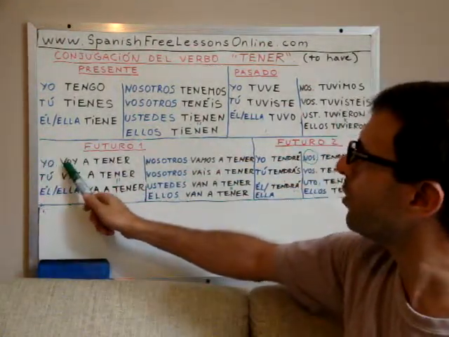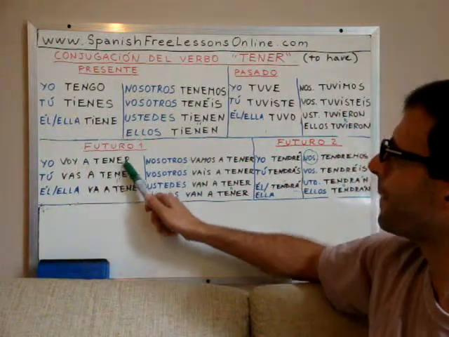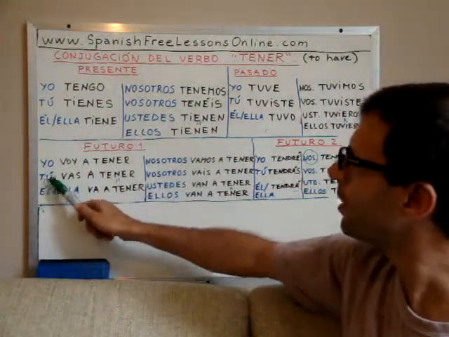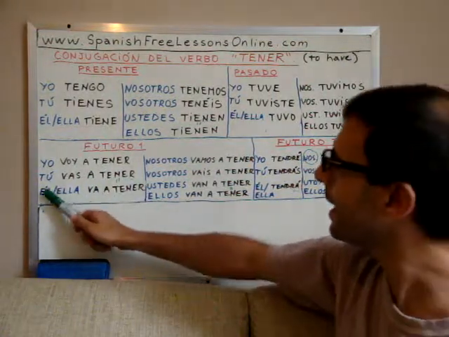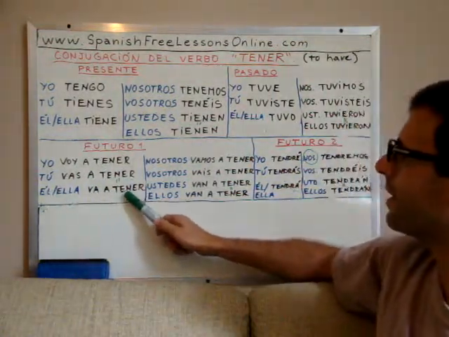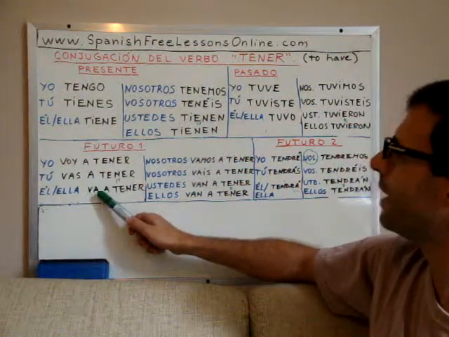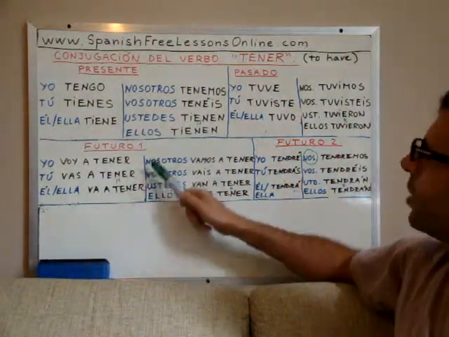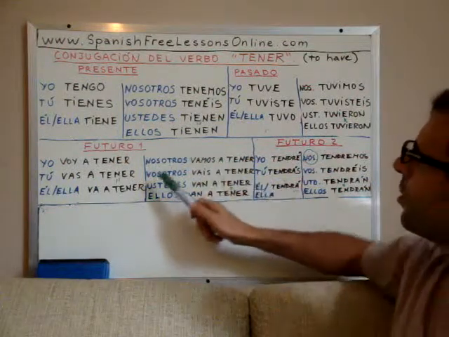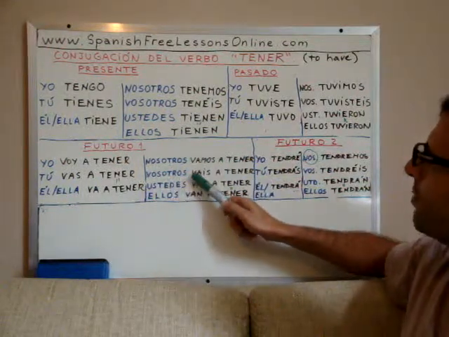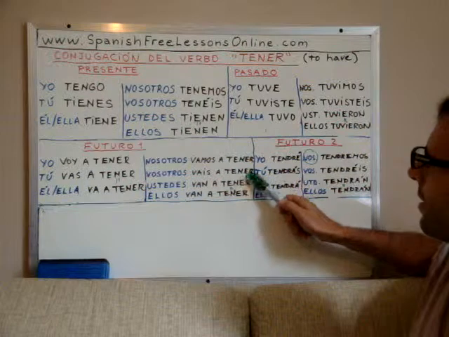Yo voy a tener. Tú vas a tener. Él va a tener, or ella va a tener. Nosotros vamos a tener. Vosotros vais a tener.